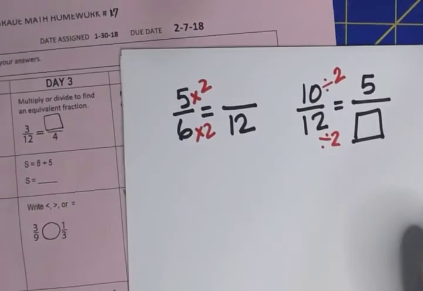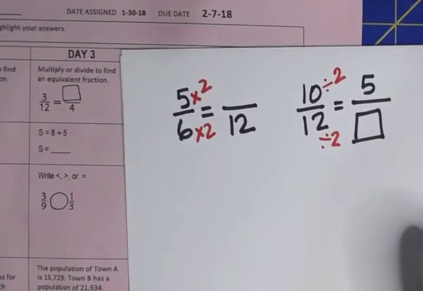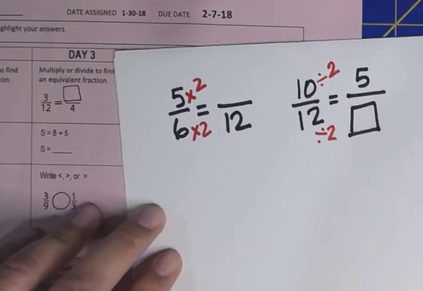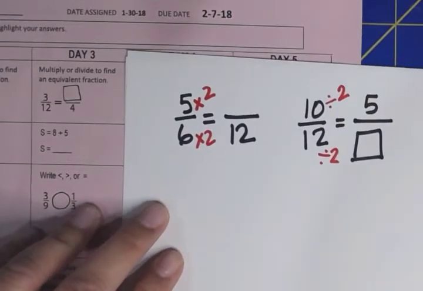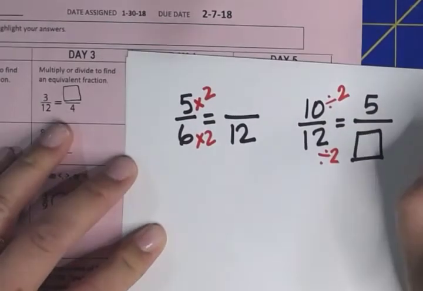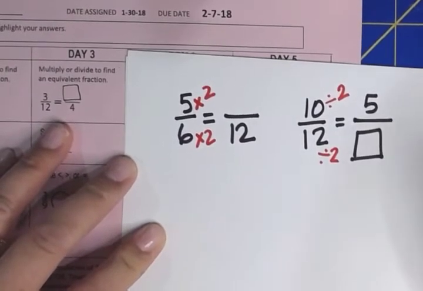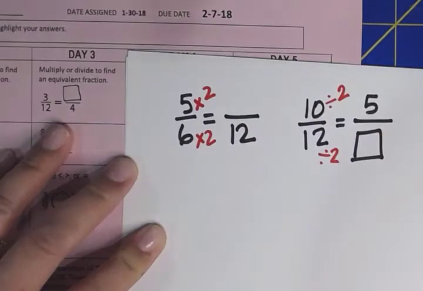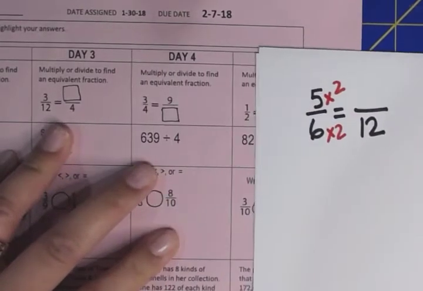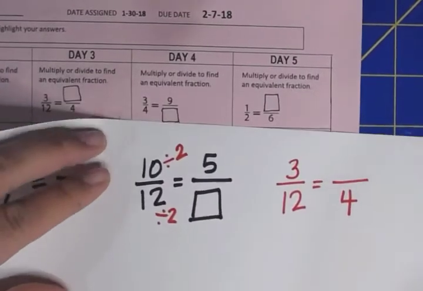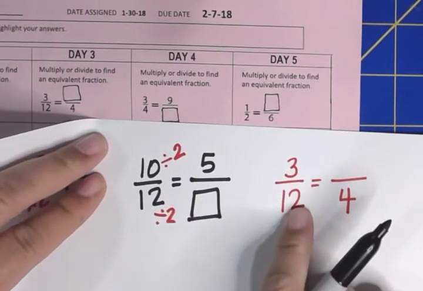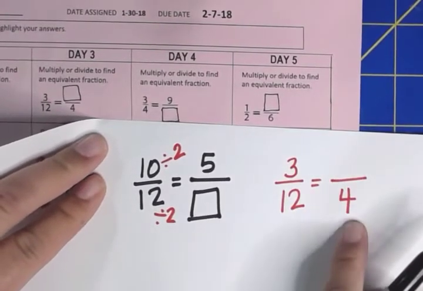The next one, 3 twelfths is equal to something over 4. Again, oops, you can't see that. Hold on. 3 twelfths is equal to something over 4.